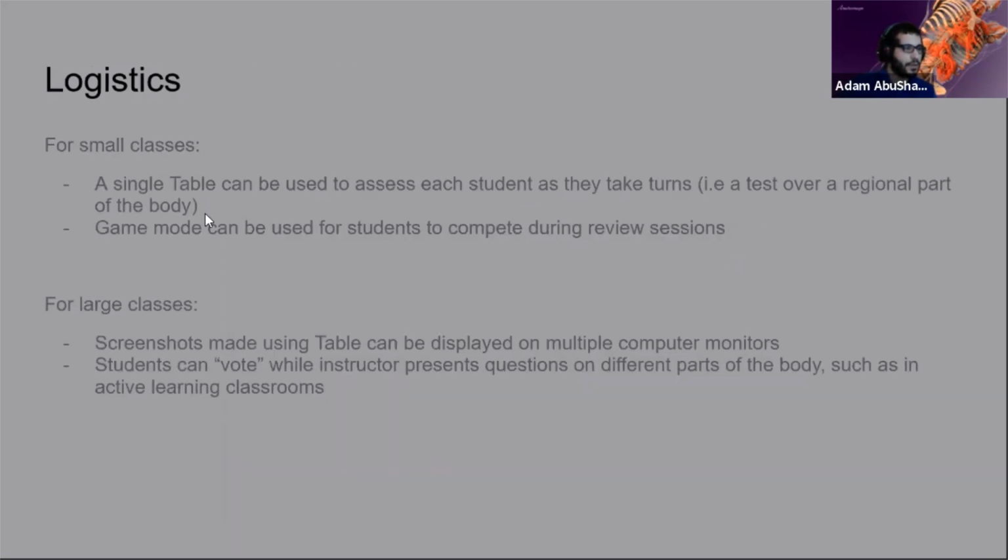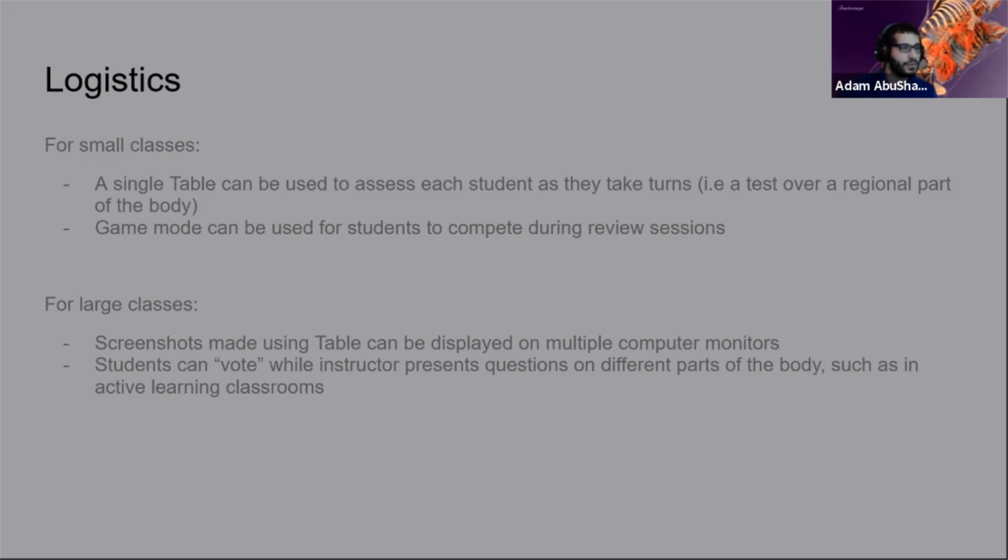There are some logistics to think about depending on the size of your class and how many tables you have. If you have a small class, you can use a single table to assess each student as they take turns taking a long form type of test or quiz over a specific part of the body.